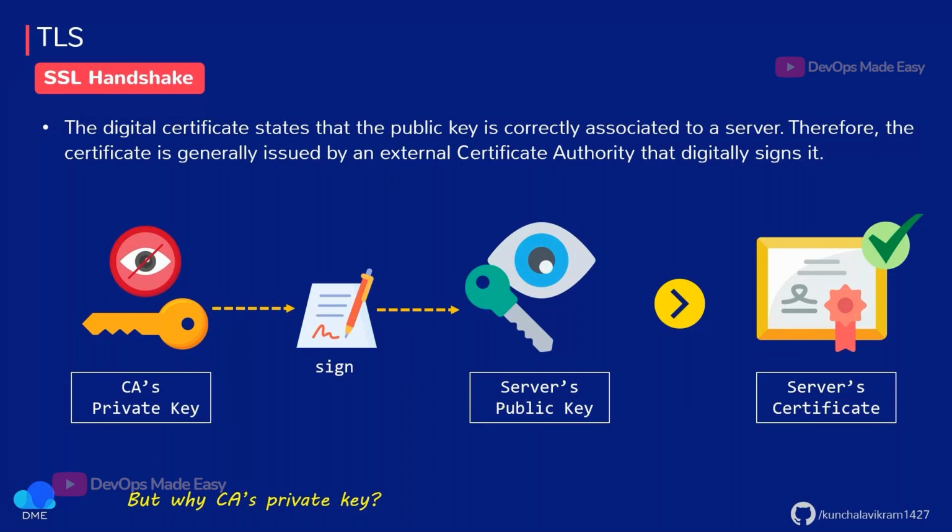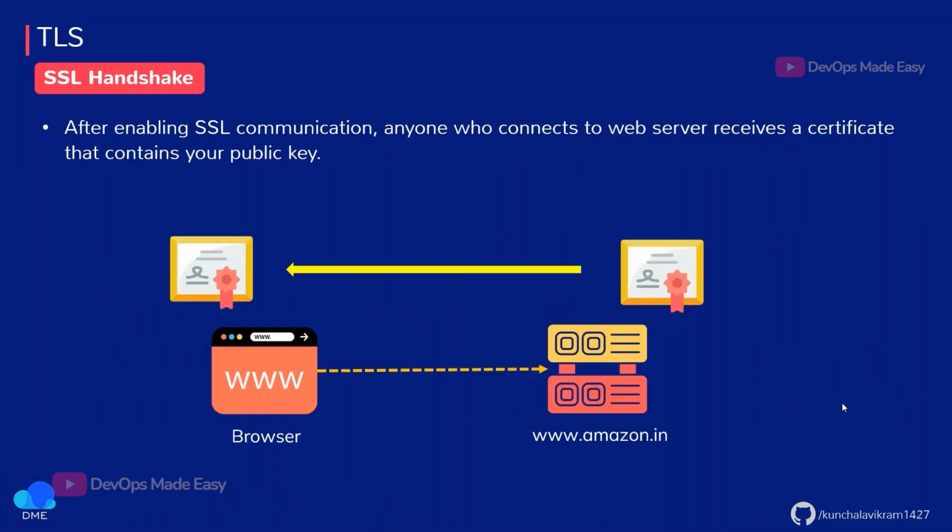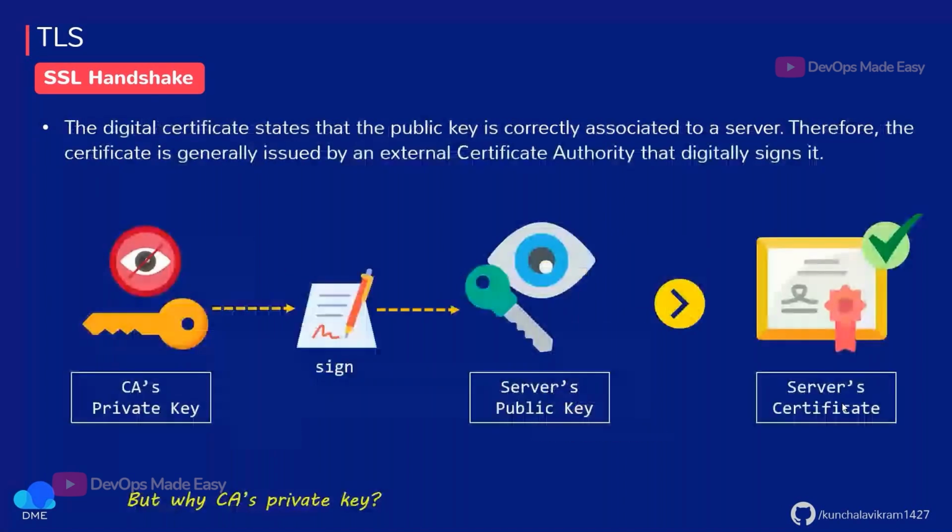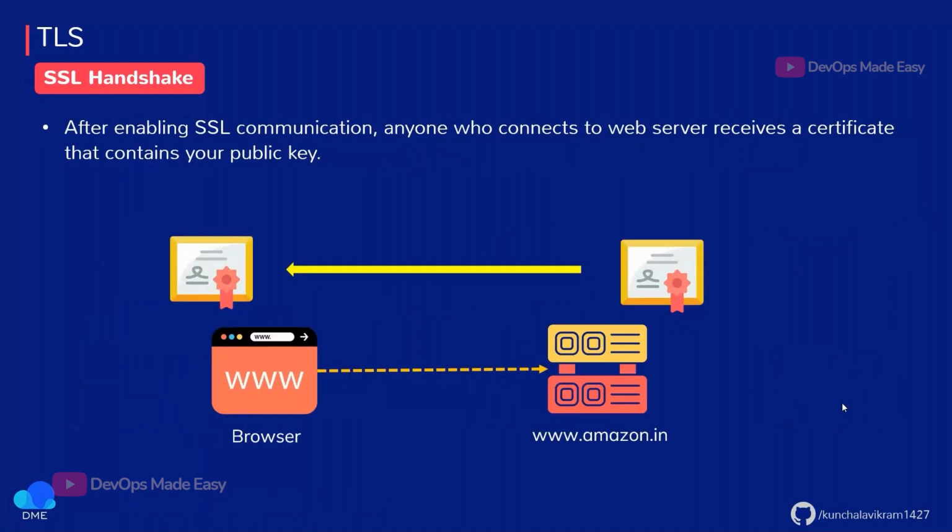So your public key will be signed by the CA's private key, and then it will generate your server certificate, in the sense, your actual domain certificate. Now why does it have to be signed by the CA's private key? Whenever I connect to the application for the first time, the server will automatically send that certificate to me.